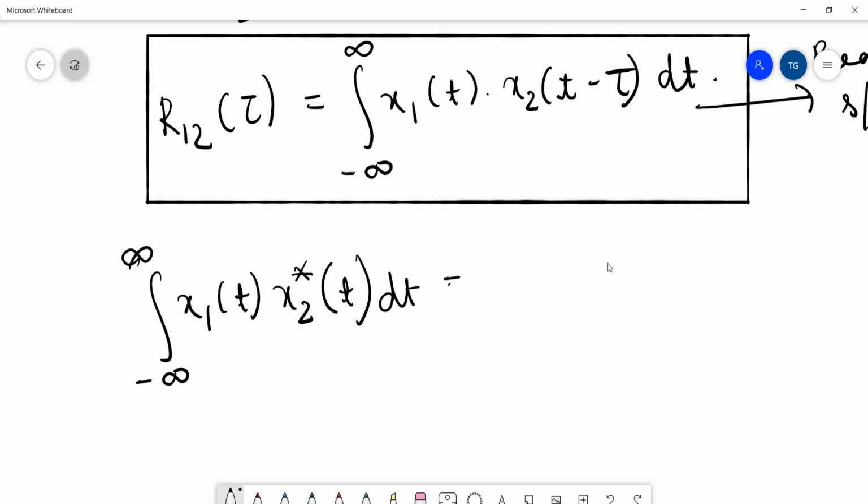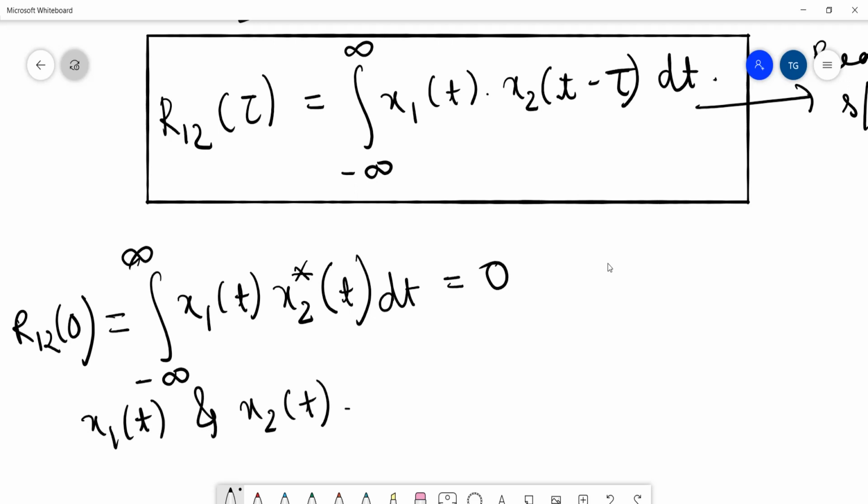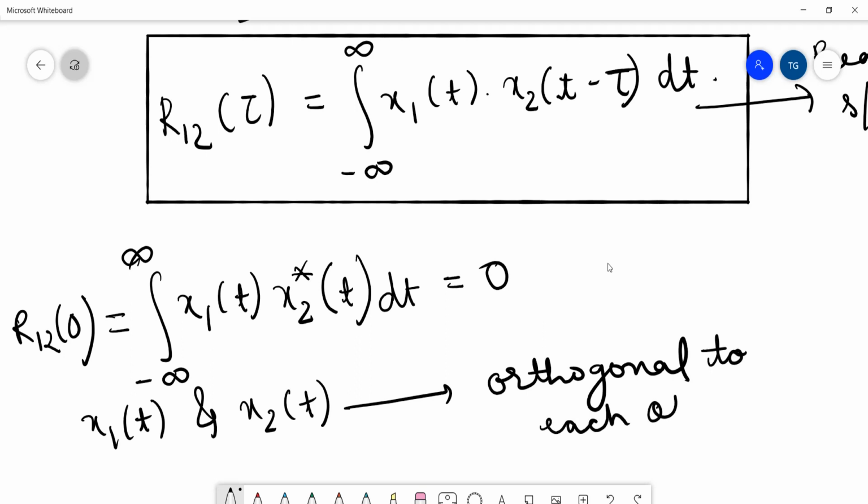If this is 0, that means r 1 2 of 0 is 0, then x1 of t and x2 of t are known to be orthogonal to each other over the entire period.